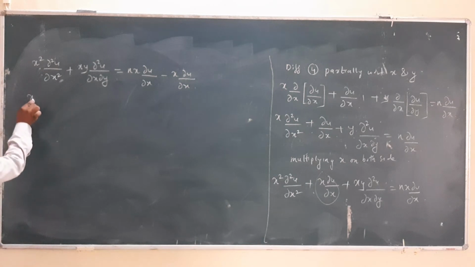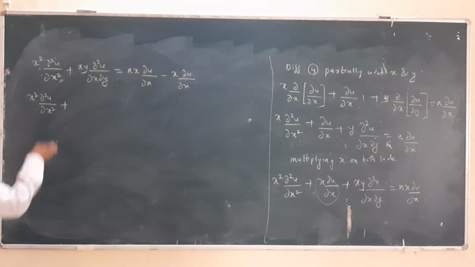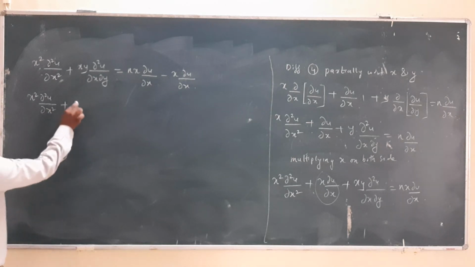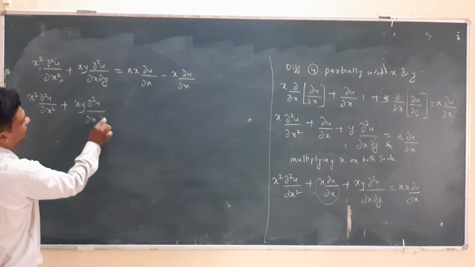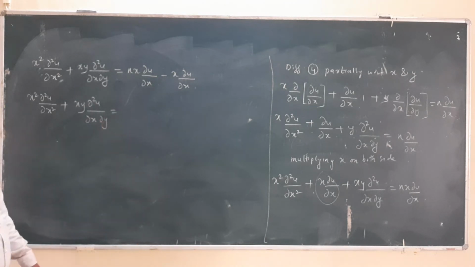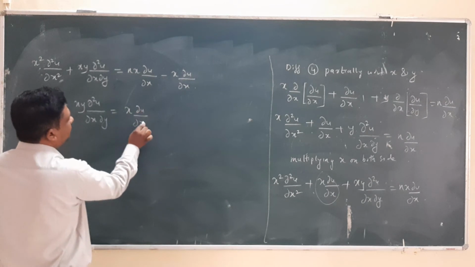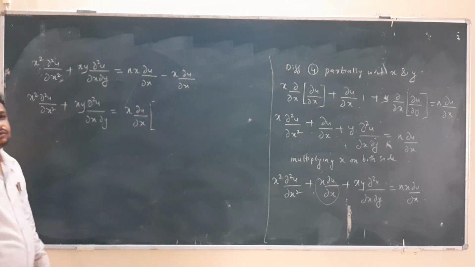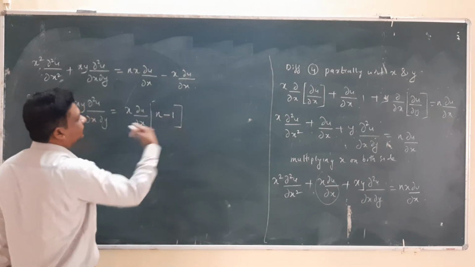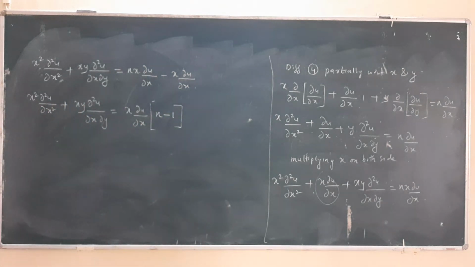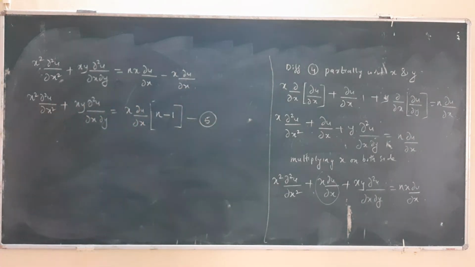So therefore x square ∂²u/∂x² plus x into y ∂²u/∂x∂y is equal to, here x into ∂u/∂x is common, so remaining is n minus 1, not n into n minus 1 only. So I take this one as equation number 5.